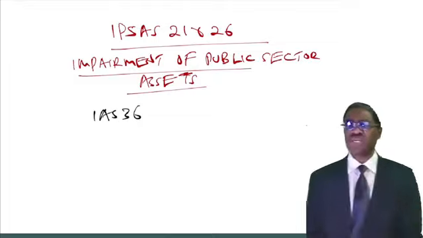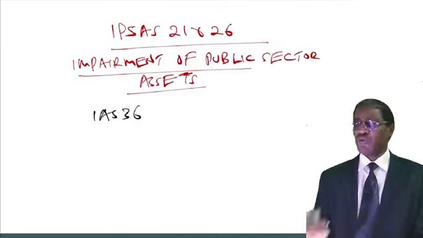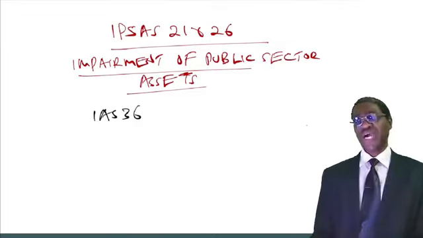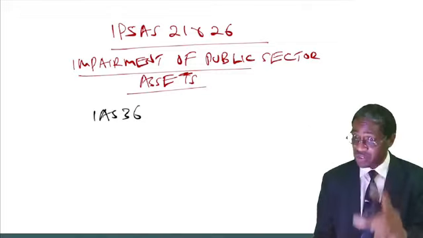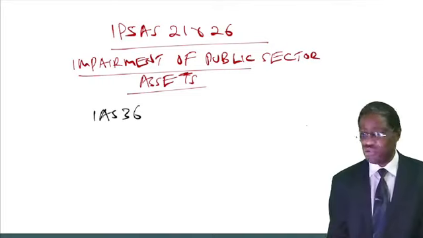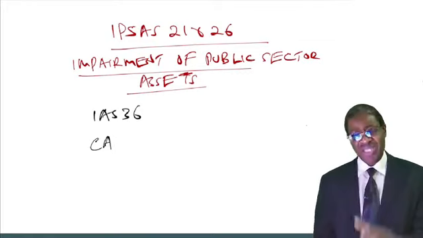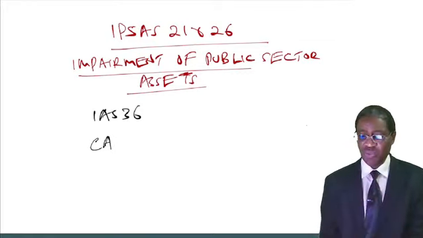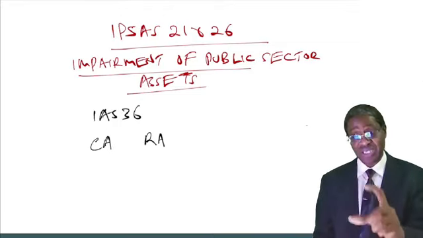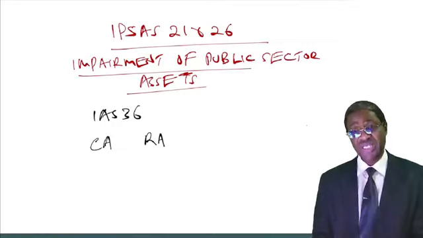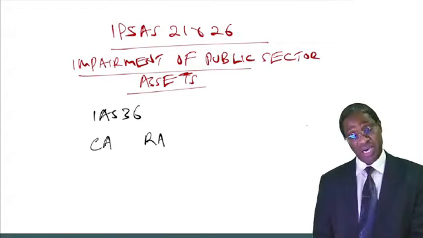Now, when we were discussing the topic impairment of assets under IAS number 36, we said for a business to know whether their assets have suffered an impairment loss or not, you remember we said that the company should compare the carrying amount of its assets with what we were calling the recoverable amount.